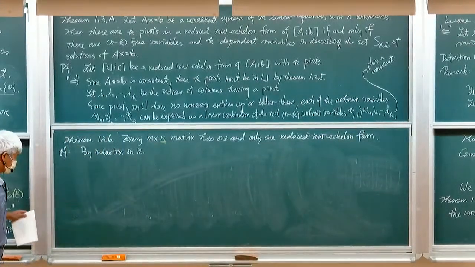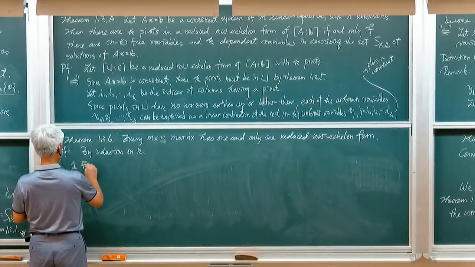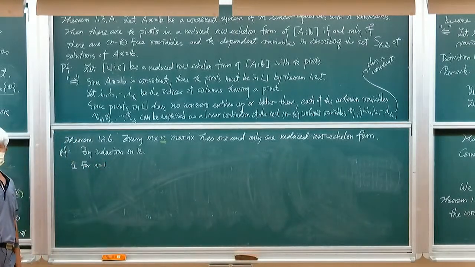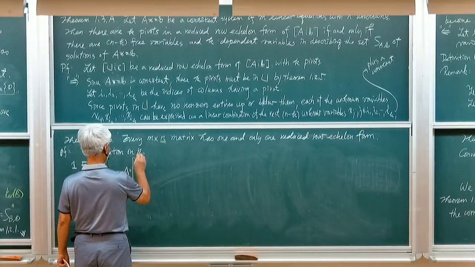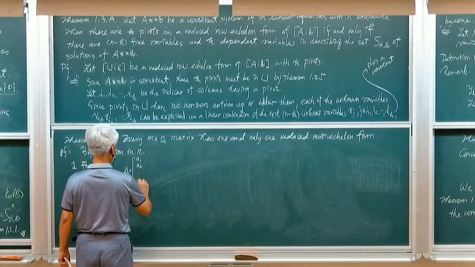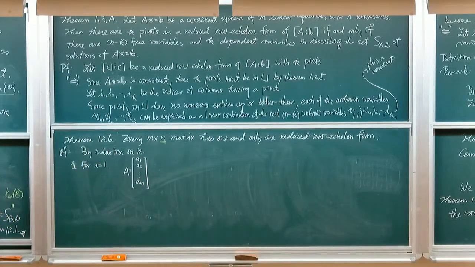So first, for n equal to 1, matrix A is a column vector, a special case.